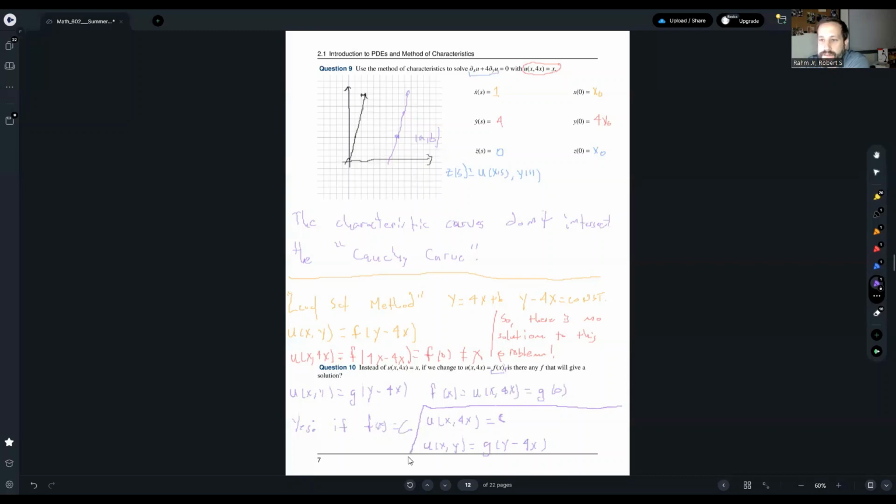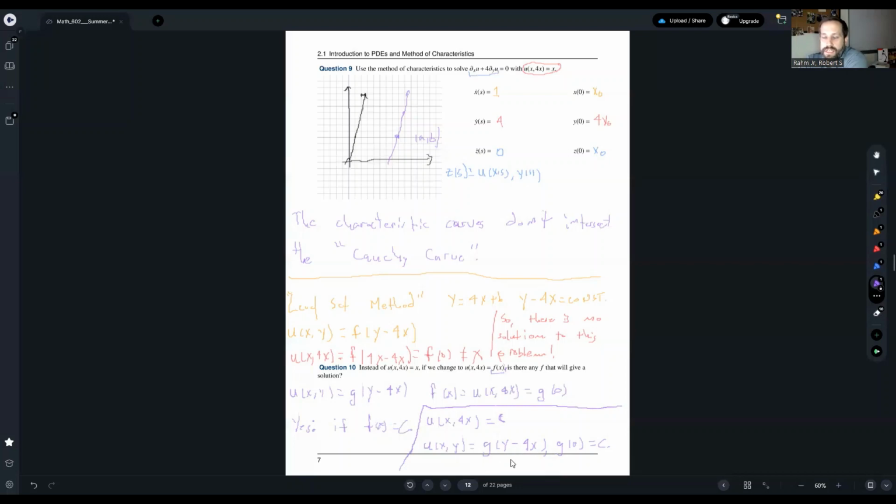And what do I need? G is just going to be some continuously differentiable function that satisfies g of 0 is equal to C. C is given in the problem.